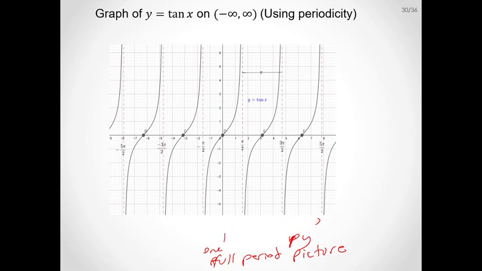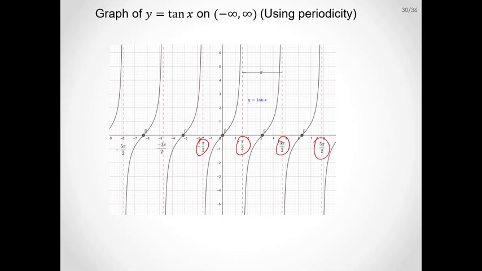So the graph of the function doesn't stop anywhere. But as you see, at the odd multiples of pi over 2, the function doesn't have any point corresponding to these values. So the graph is not touching the asymptotes. And these are the periods as you see here. The length between two consecutive vertical asymptotes is the period.